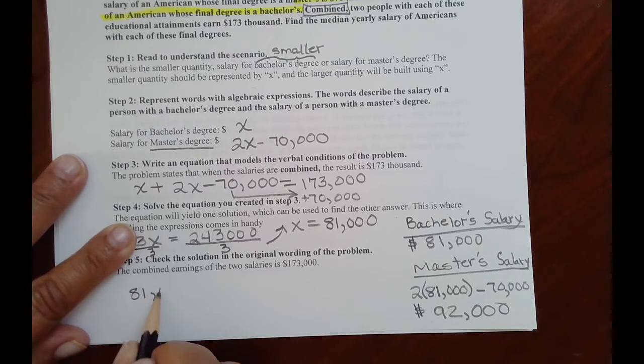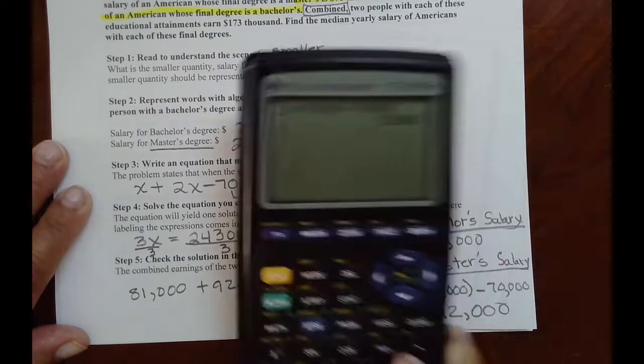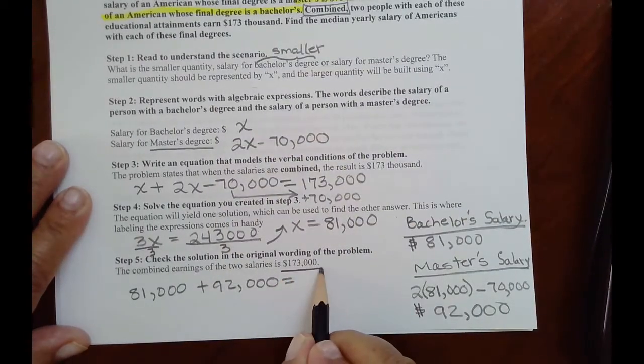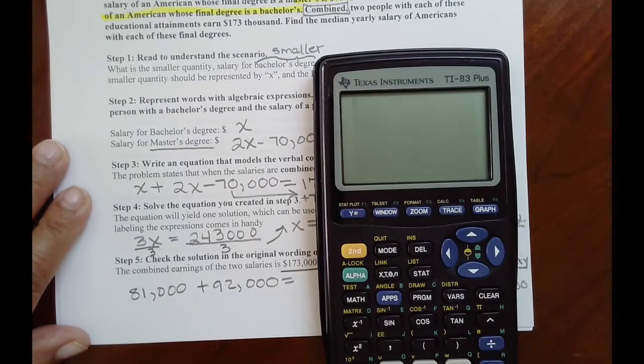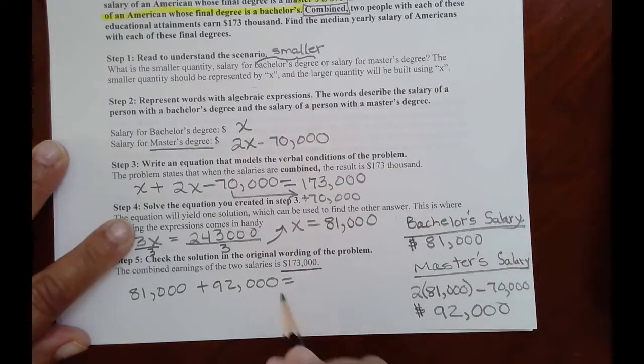Okay, well, let's combine them. We are checking our answers based on the wording of the problem. Let's just make sure that that actually does come out to be 173,000 like it's supposed to. Okay, so we have 81 plus 92. And yes, it does check out.